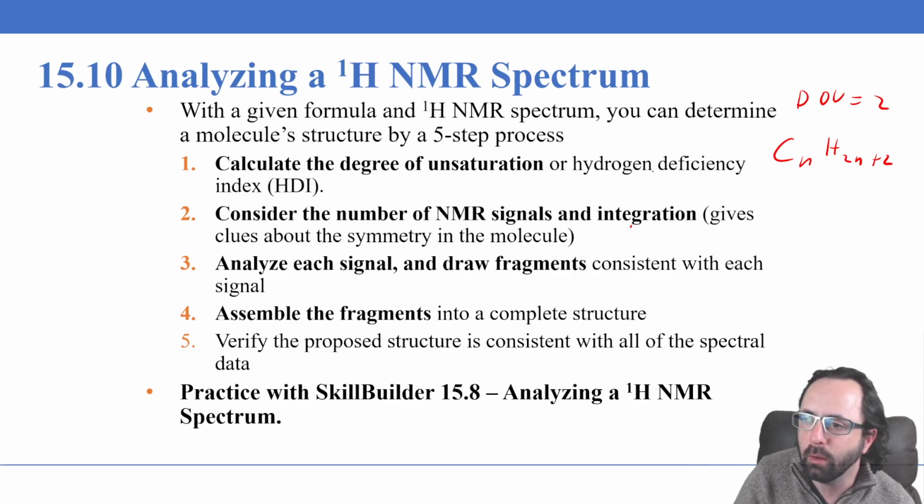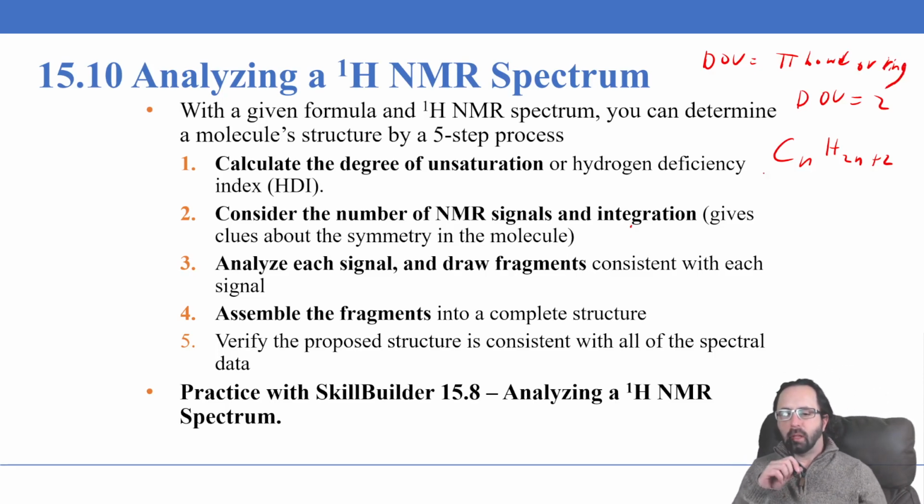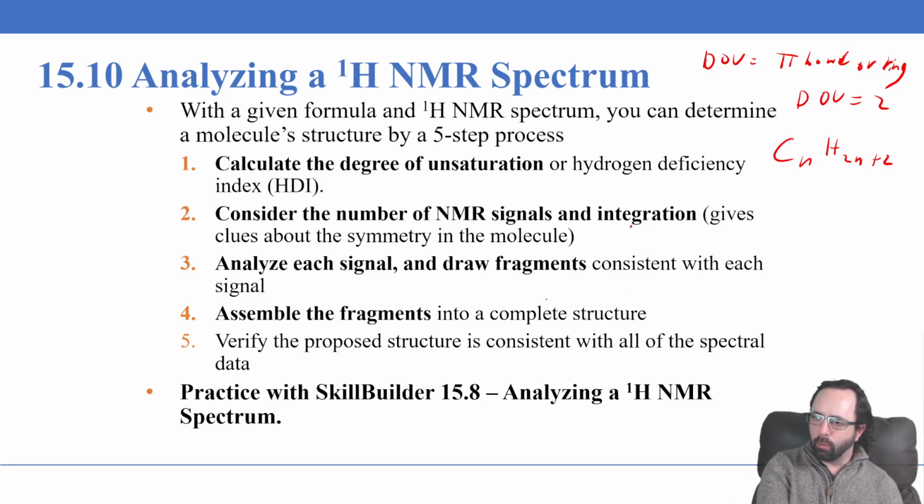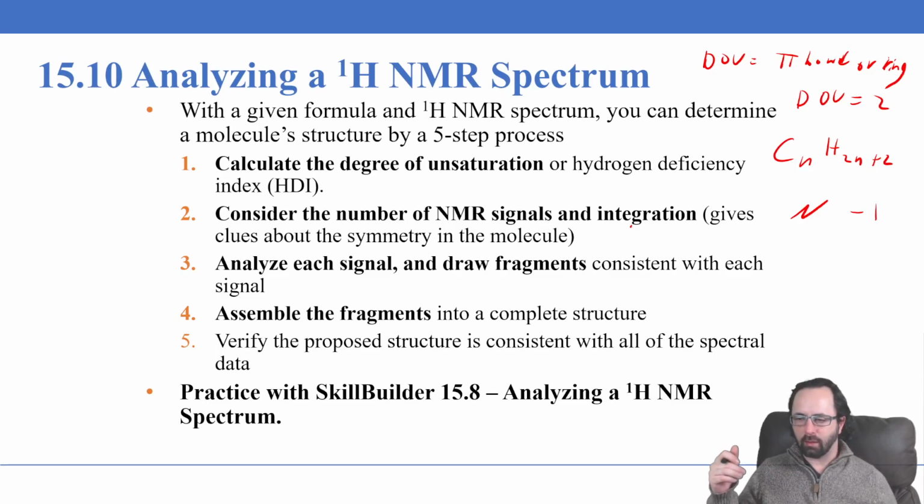One DOU represents a pi bond or a ring. And remember that when we're making this comparison, for oxygen we don't have to make any adjustment, but if we have a nitrogen somewhere in the formula, then we need to remove 1 proton to make a direct comparison, because this nitrogen has this extra proton.